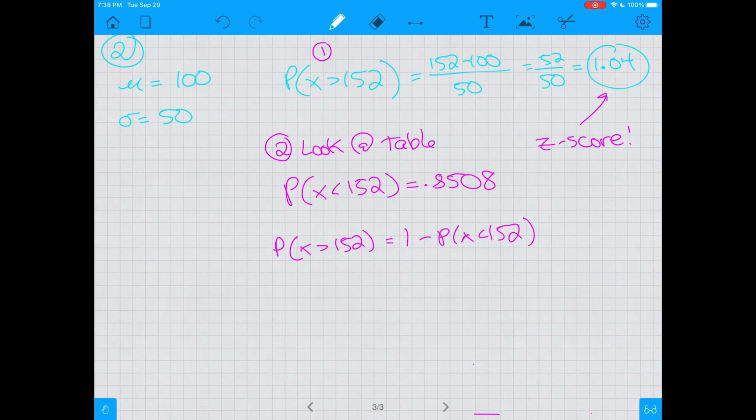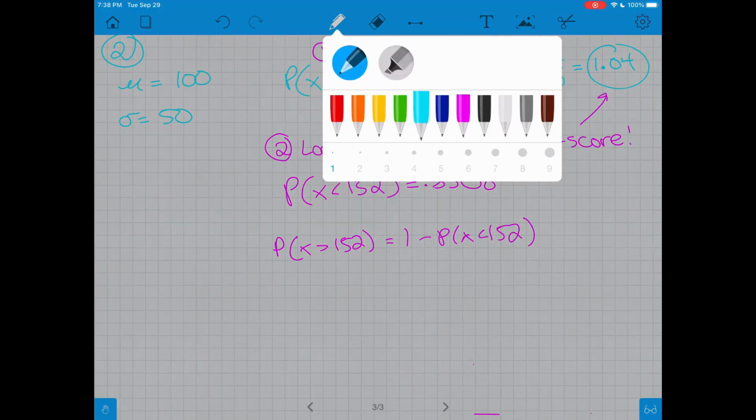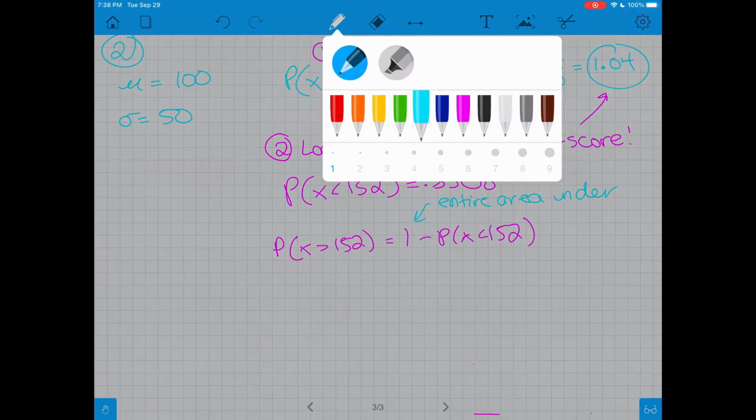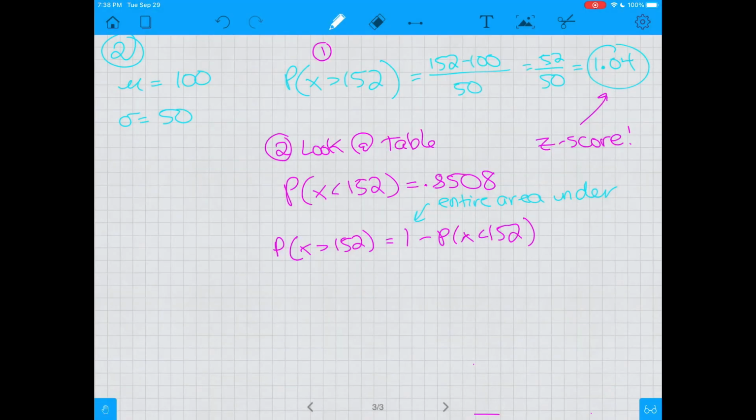Now remember that the 1 comes from the entire area under your normal curve. Because it's a probability function, when I sum everything up, it has to be equal to 1. So now it's as easy as 1 minus 0.8508, which should give me 0.1492.